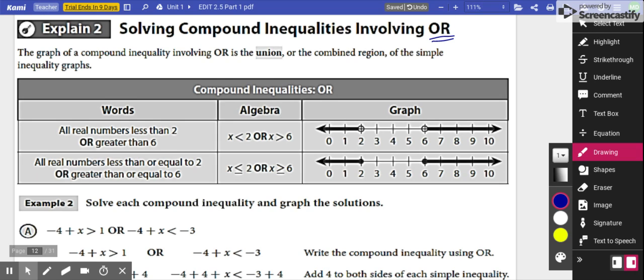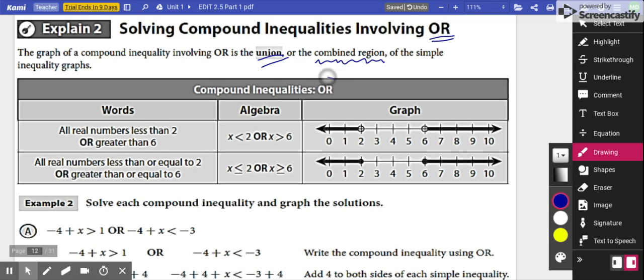Let's take a look. The graph of a compound inequality involving or is the union, or combined region, of the simple inequality graphs.